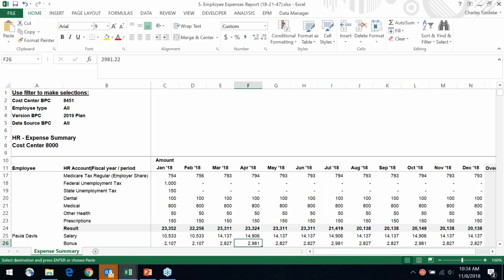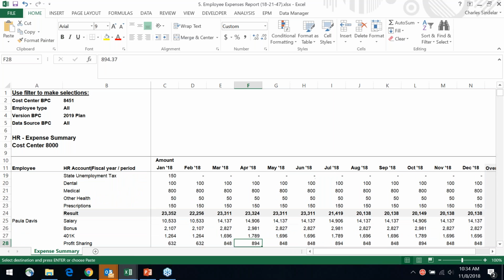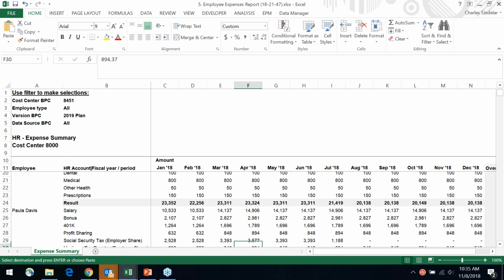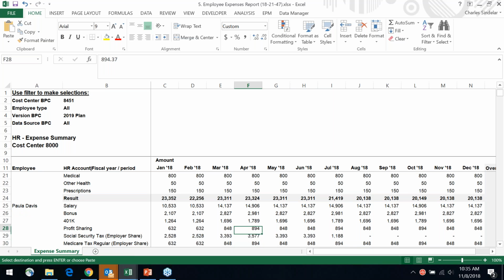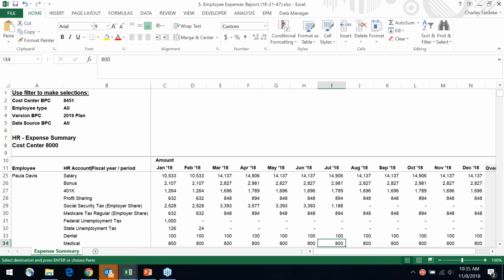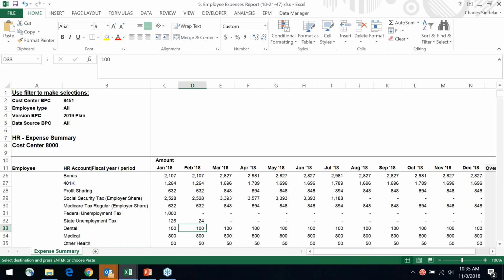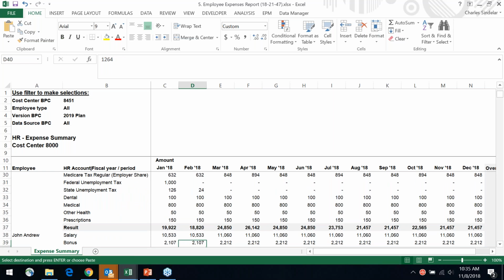All right, and you can see here, it iterates. Paula Davis, another employee, different pay, gets different deductions, and all the numbers are different, but driven from the same assumptions. Paula makes a little bit less, so the state unemployment tax is actually driven across 2 months instead of one as in the example before.